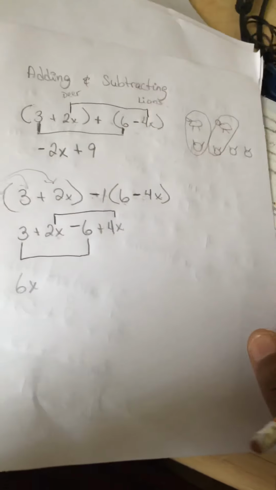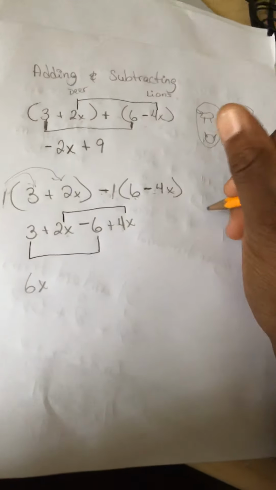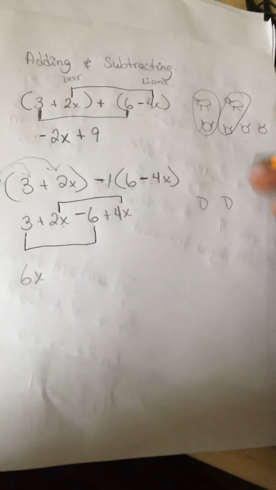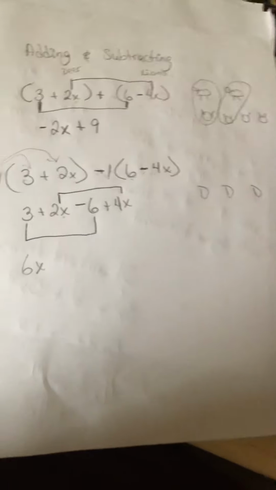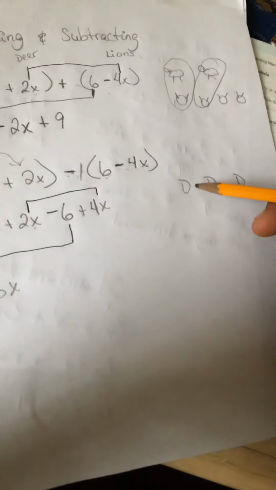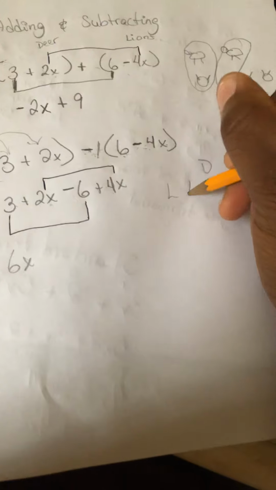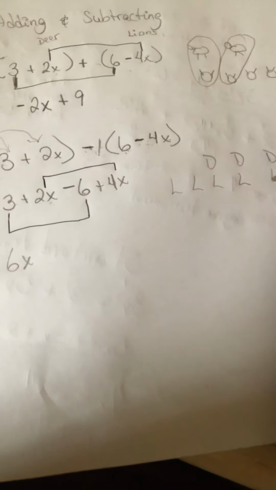So I'm still keeping my deers and my lions. Let's say I have 3 deers, and I'll just write the letters so you can stop laughing at my drawings. Sorry about that. That's a plum. So I have 3 deers, and I have 6 lions because I have -6. So 1, 2, 3, 4, 5, 6.